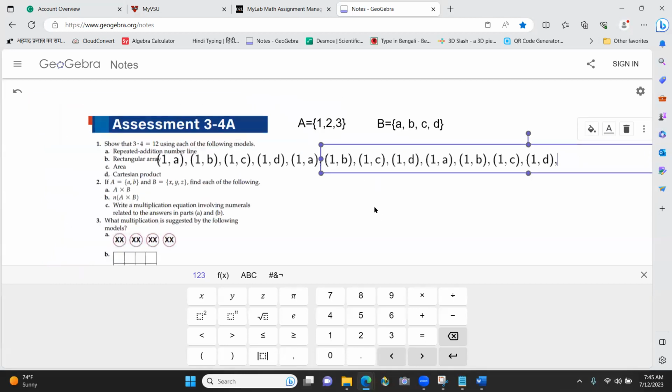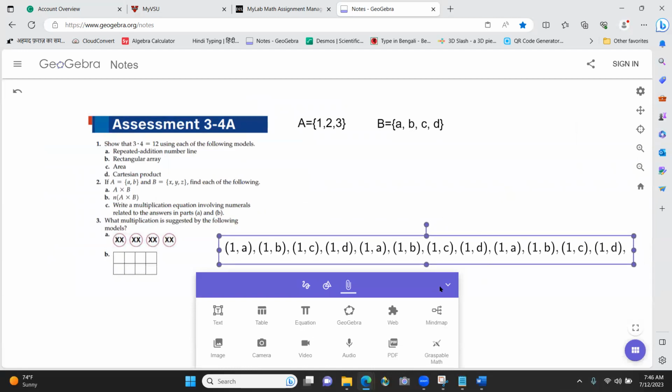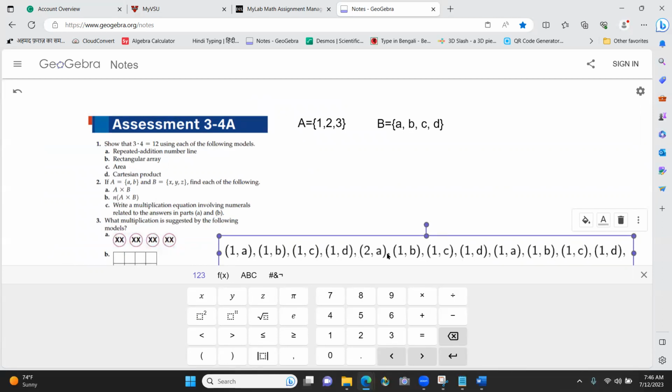Unfortunately, I have to do it here because I need the room. All right, this is your Cartesian product.